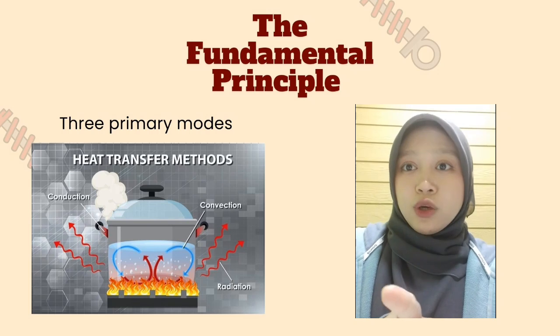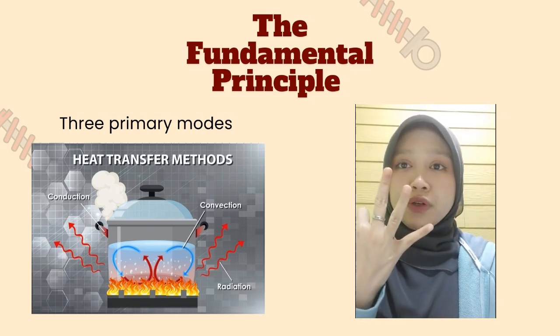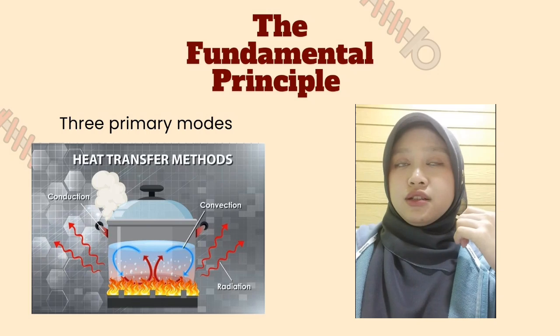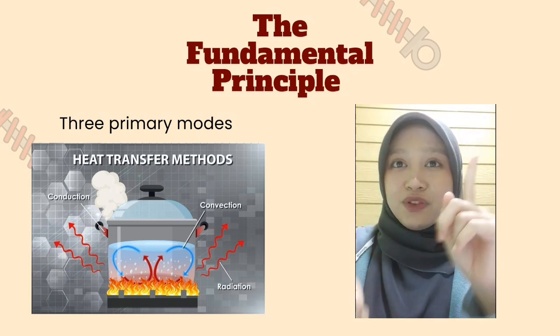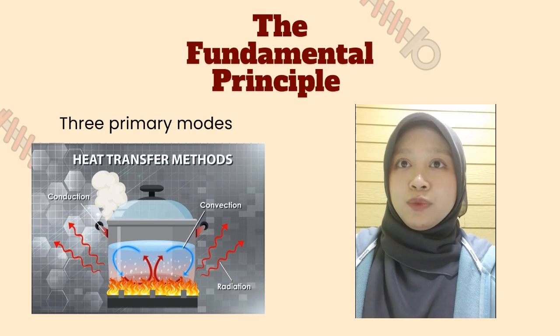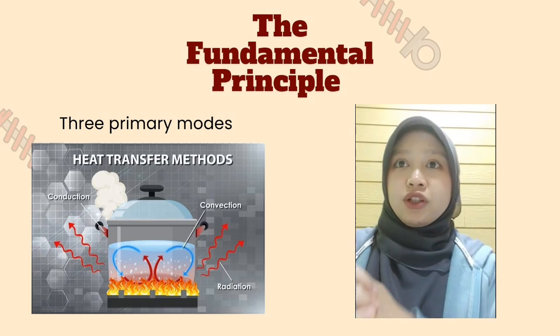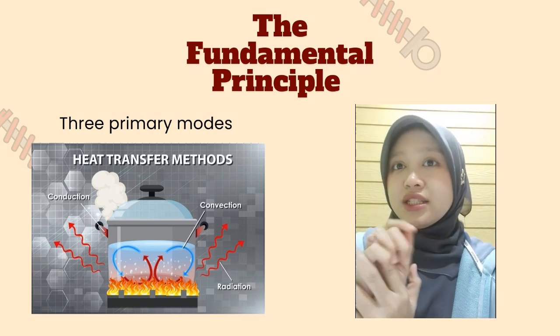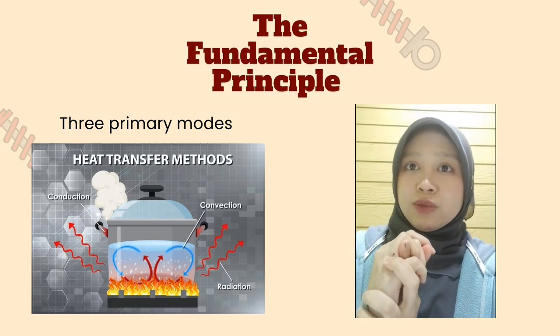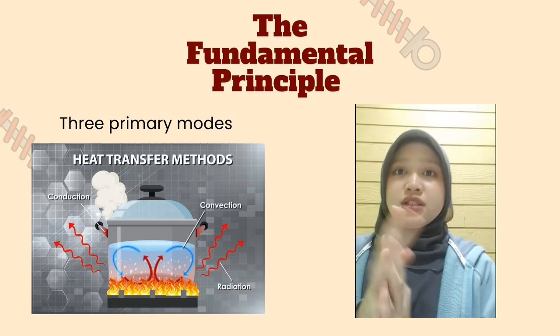In this video, I will explain the three primary modes of heat transfer, which are radiation, convection, and conduction, and critically how the boiler's unique design, particularly its multi-pass system, is engineered to facilitate and optimize every single one of these processes for peak efficiency.